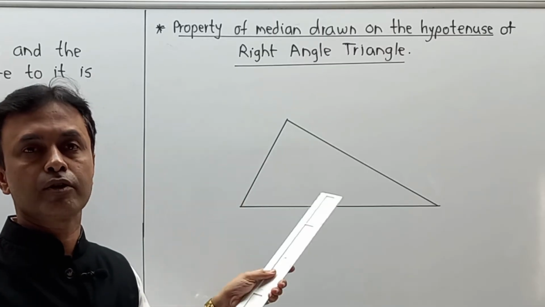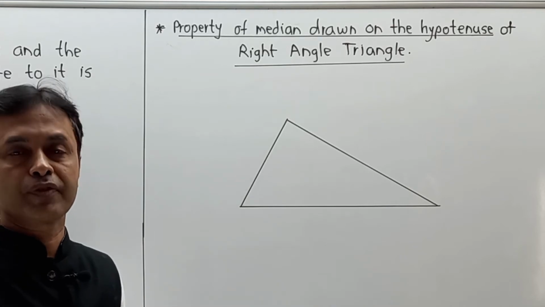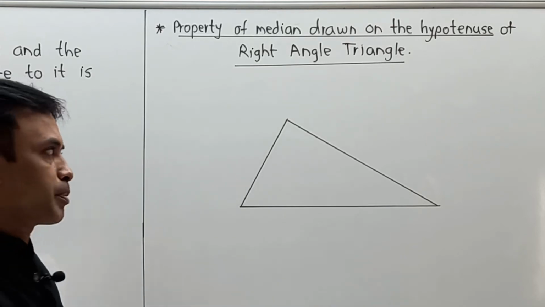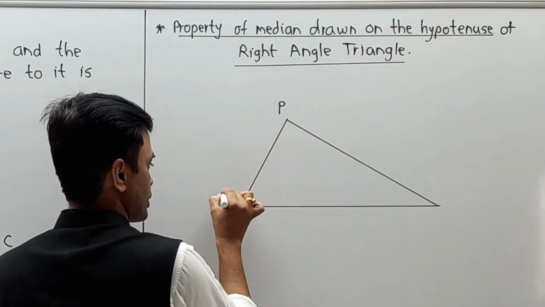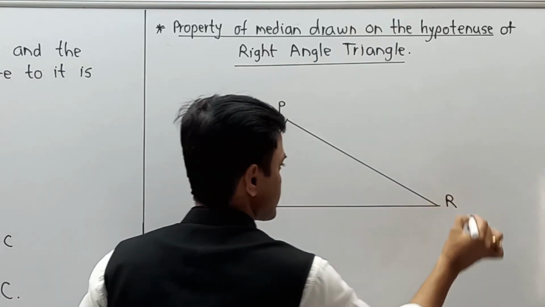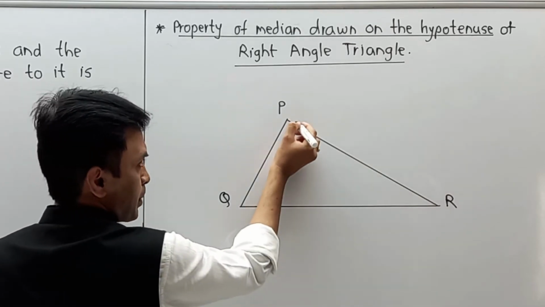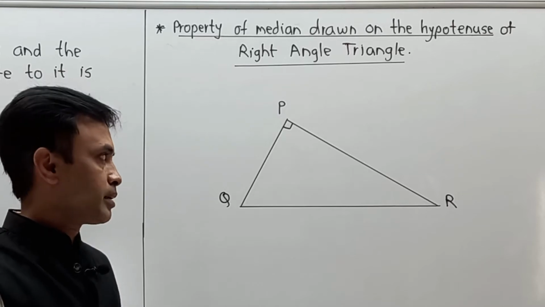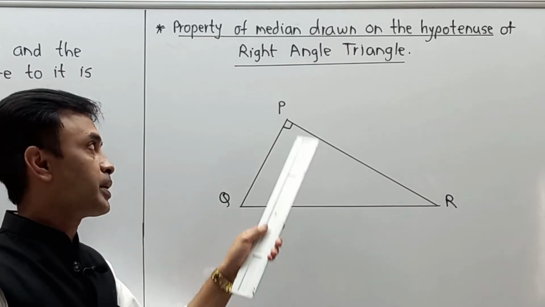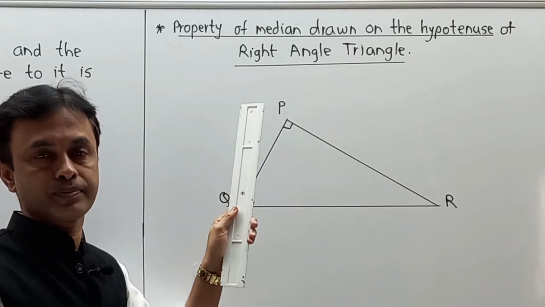Means in a similar way over here, I am going to take some different nomenclature so you can understand the part. Let us say the name of this triangle is triangle PQR. Now remember, temporarily I am going to say that angle P is 90 degrees. Means this is not only a triangle, but a right angle triangle.